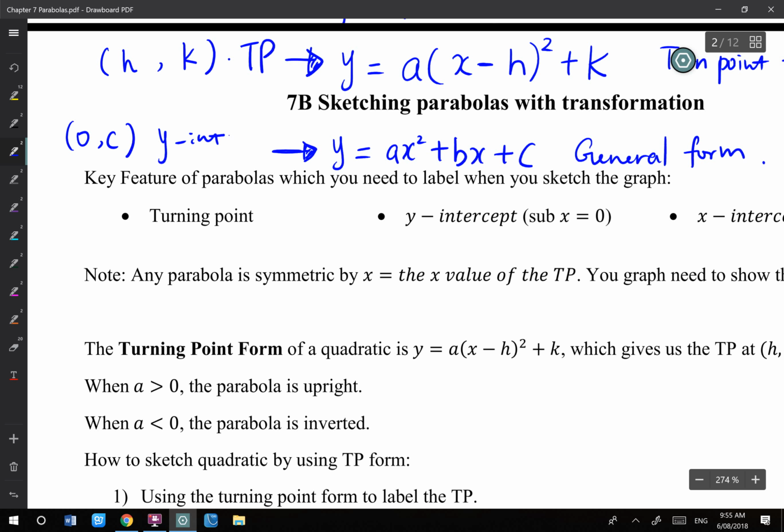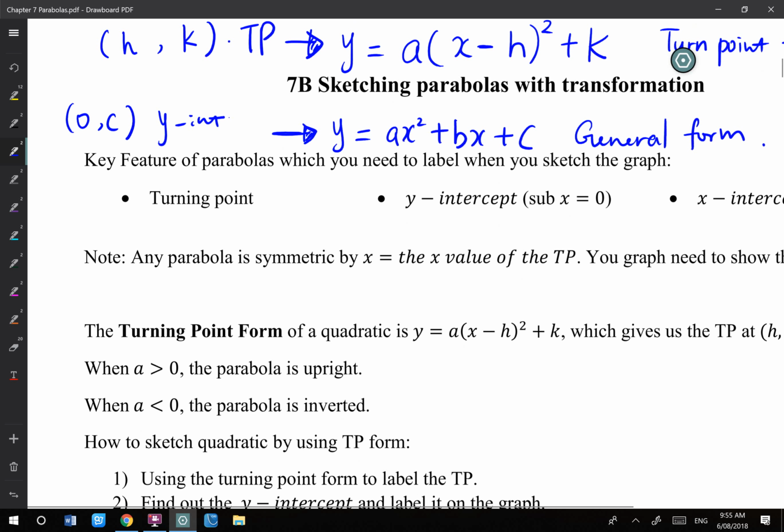The first two terms are 0, and the last one is just the c value. So I can easily get the y-intercept from a general form. There's also a third form, but I'm not going to talk about that today. We'll learn it in the next exercise. But turning point form is very important, and today we're trying to sketch using this form.